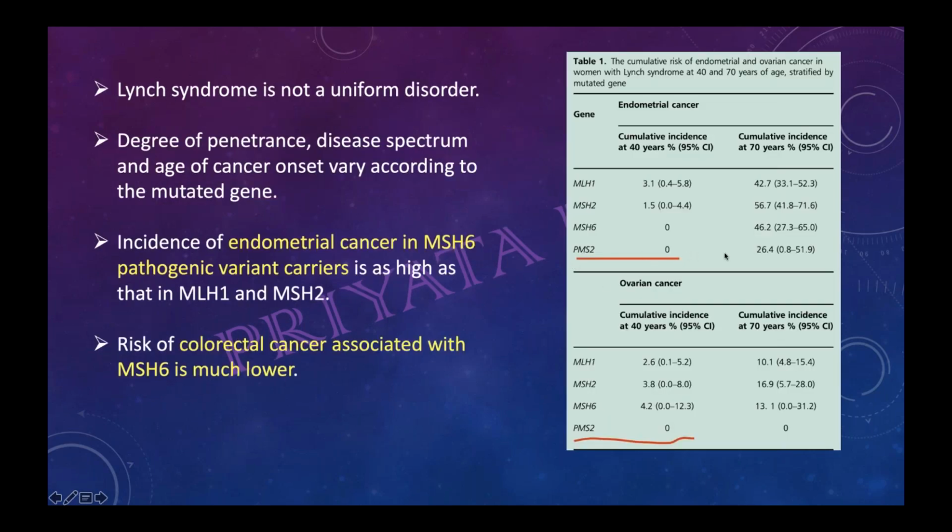Now you can see PMS2 has got the lowest chances of cancer. It is PMS2. If you see this table at 70 years of age, a lower percentage of people have PMS2.